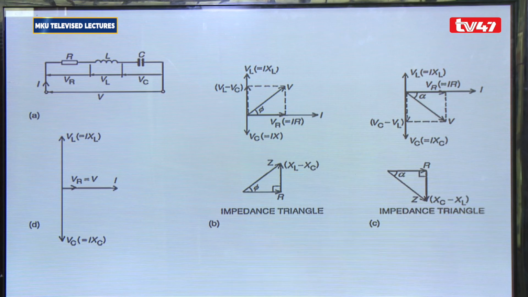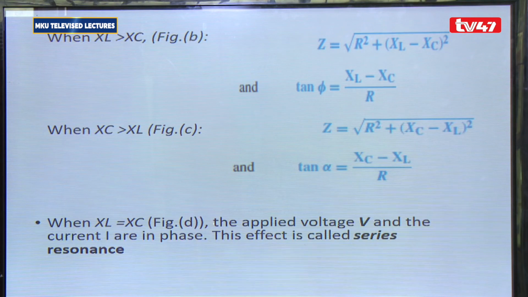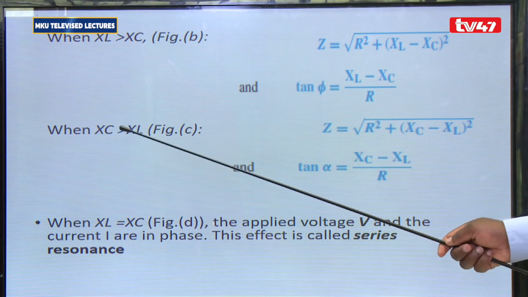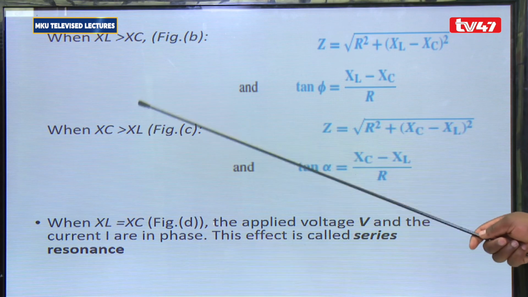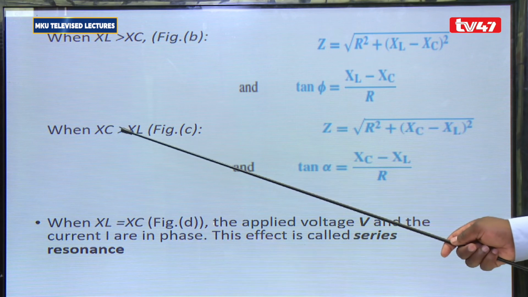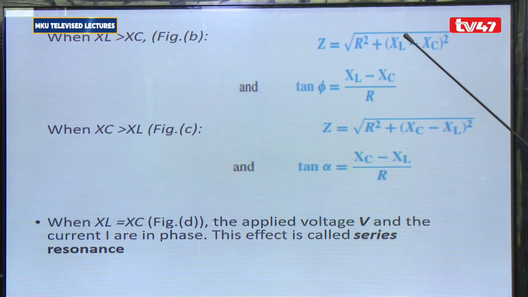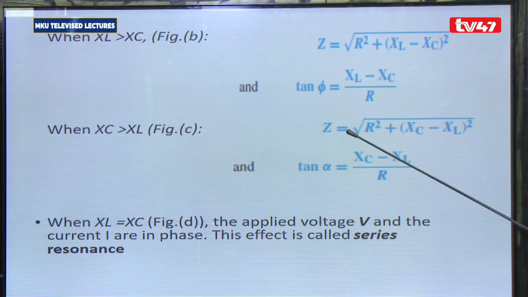Then, the other situation is when XC is greater than XL. So the reactance across the capacitor is greater than the reactance across the inductor. Therefore, what changes in the formula is only here. This is the one which is greater here, so you do the subtraction like that, and then the square is there, and the square of R is there, and then the square root.